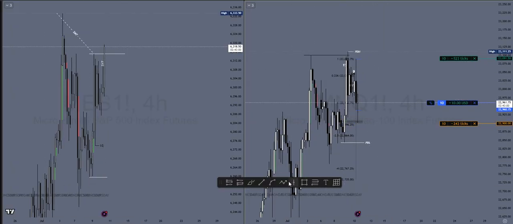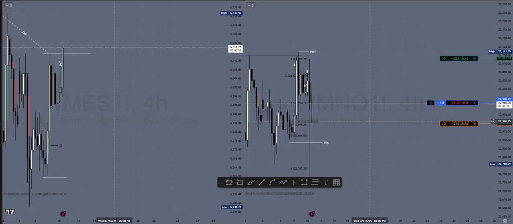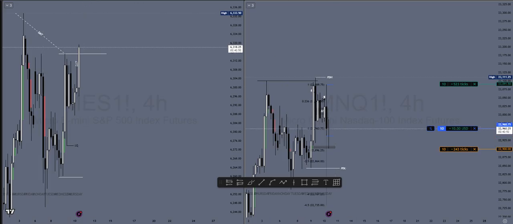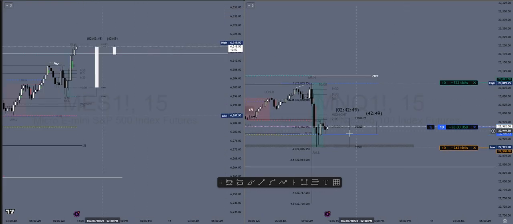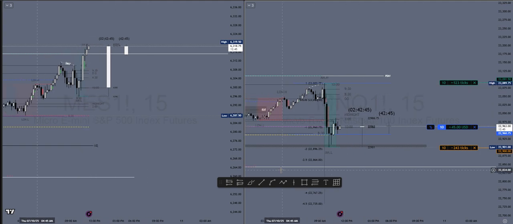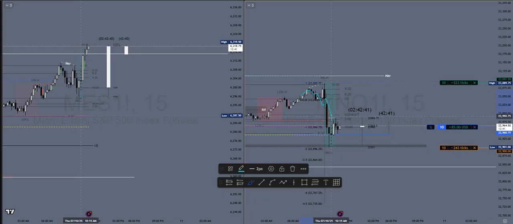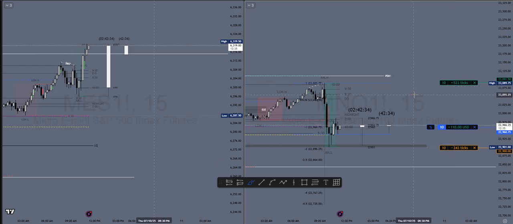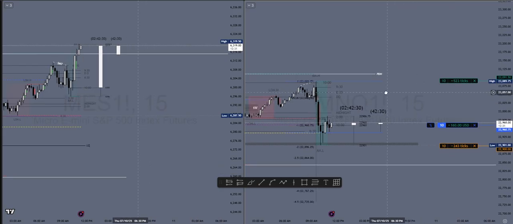So I would have set my limit down here, and as you can tell, it tapped into it, and hopefully we're expecting a reversal all the way up here, which would then create a market maker model for those of you that know that. Boom, boom, boom, boom. Kind of looks like a cervix, but that's my take on everything.